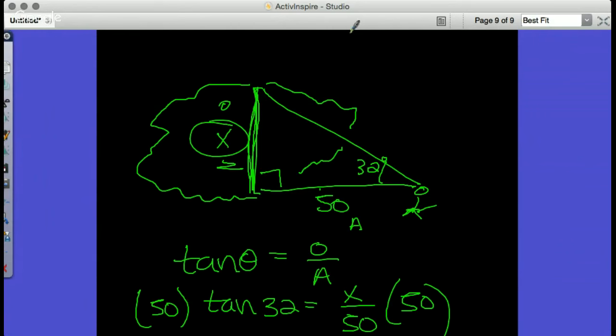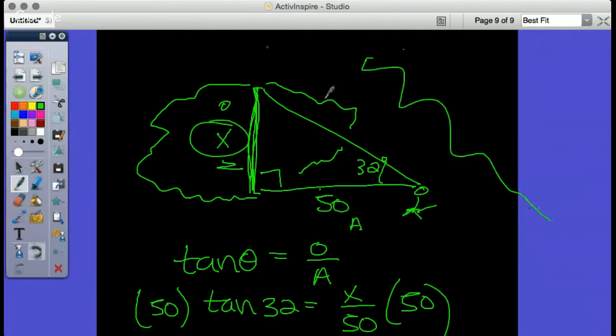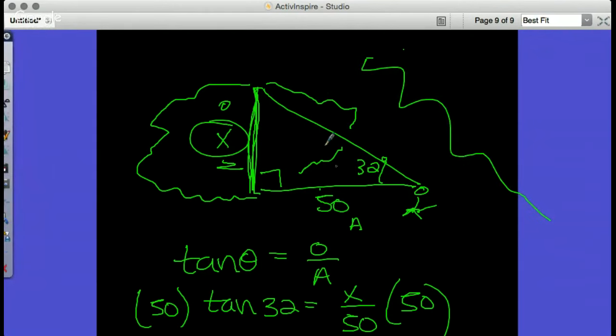Now, be careful. This is a side note, not related to the problem at home, okay? If you're watching this at home, please do not get confused by this. So if they were flip-flopped, if it was 50 over x, you can multiply by x, divide by tangent of 32. That's fair, okay?